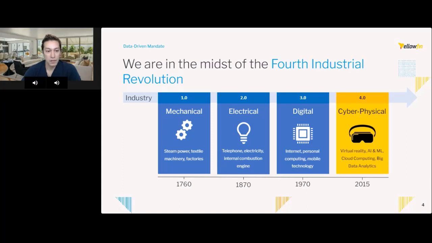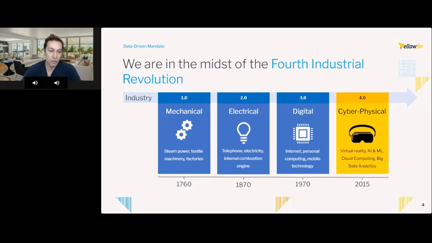But then in, say, the late 1960s, early 1970s, we had the digital revolution, Industry 3.0. And this is really the revolution of computers and the internet. So this is where the world economy moved from snail mail to email, and from, say, printed encyclopedias to online Wikipedias.